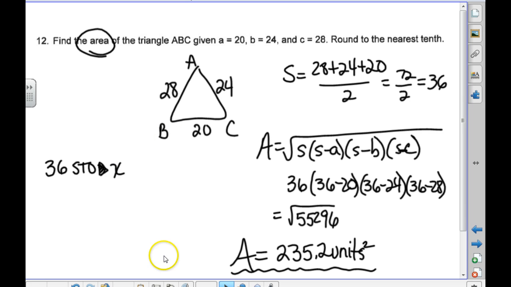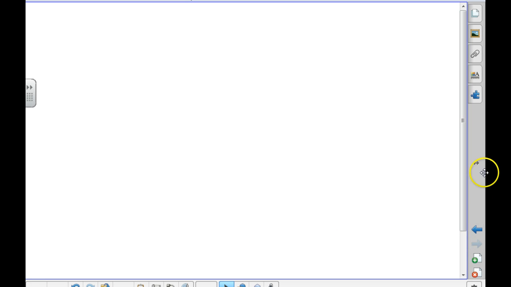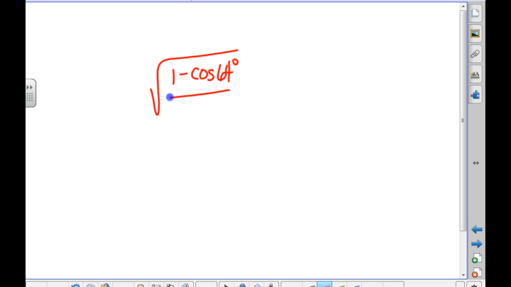Real quick, there are a couple easy trig questions where maybe it says something like the square root of 1 minus the cosine of 64 degrees all over 2, and you're supposed to simplify.